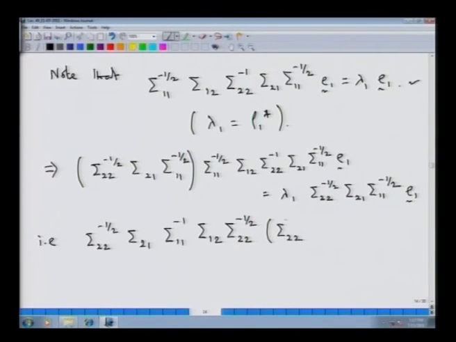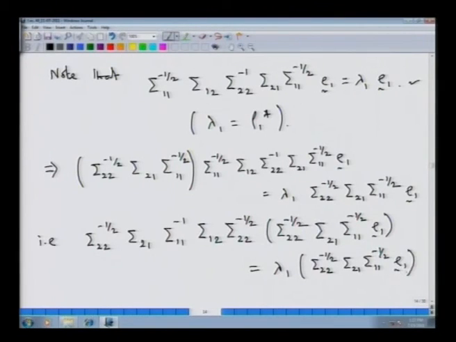So, this has still a sigma 22 to the power minus half times sigma 21 into sigma 11 to the power minus half times this E1, that equal to lambda 1 or rho 1 star times sigma 22 to the power minus half, sigma 21, sigma 11 to the power minus half times E1. So, we are basically denoting this as F1.